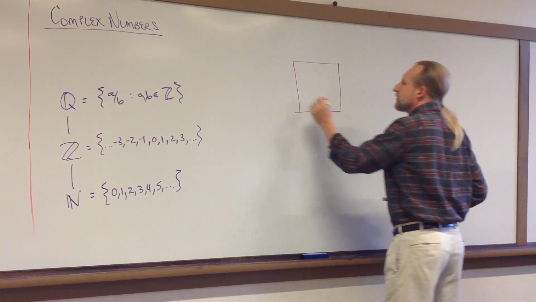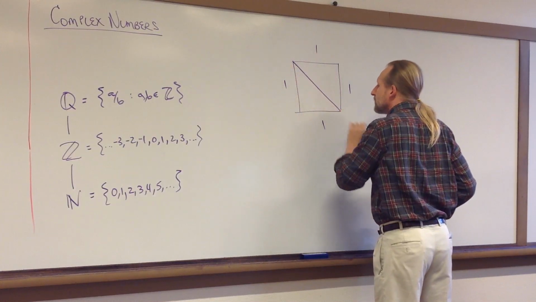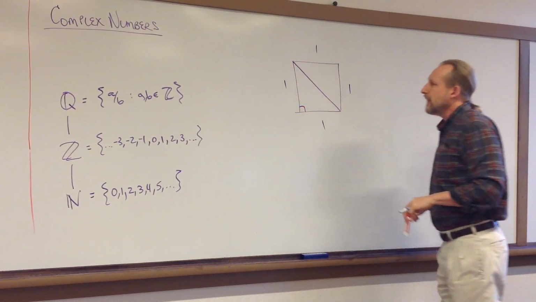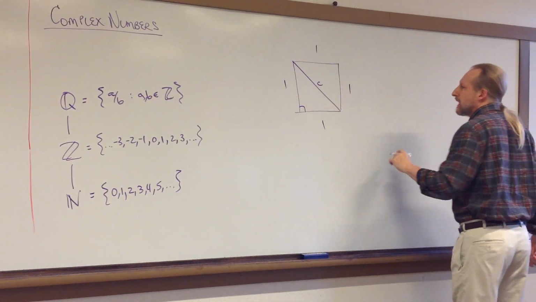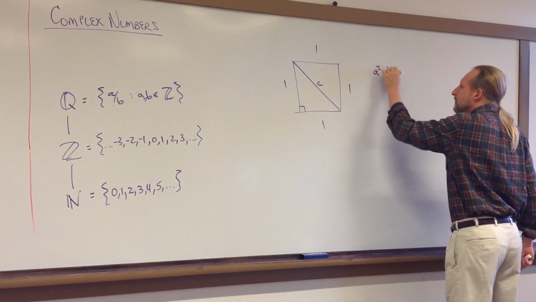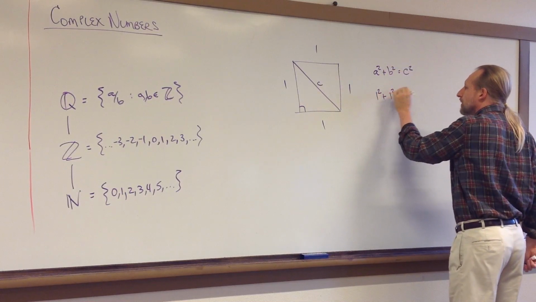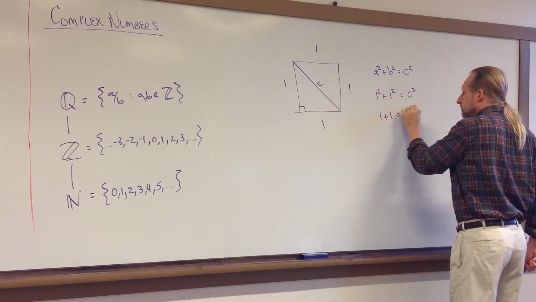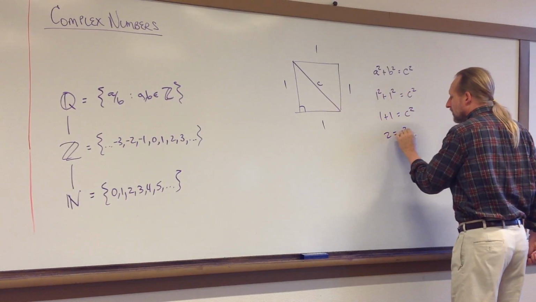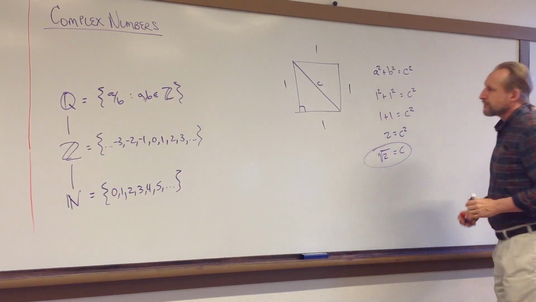If you take a square that's 1 on all sides and you draw this diagonal, now you've got a right triangle, and from the Pythagorean theorem, a squared plus b squared equals c squared, so 1 squared plus 1 squared has to be c squared. So c is the square root of 2.